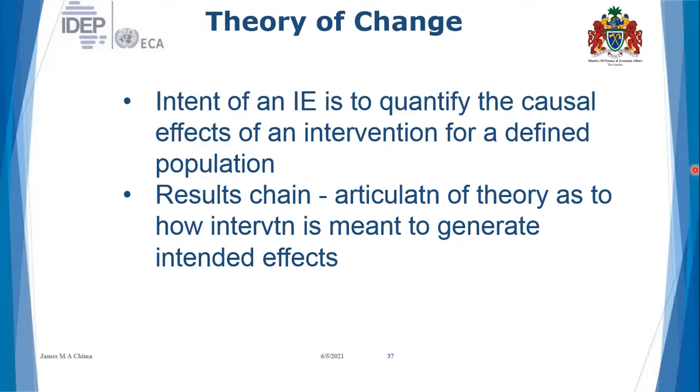Results chain is an articulation of theory as to how the intervention is meant to generate the intended effects on the defined population.